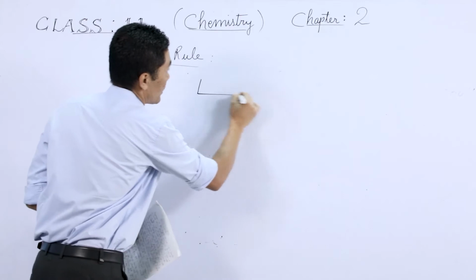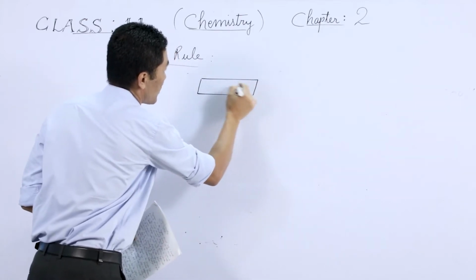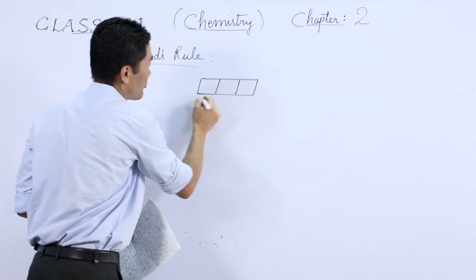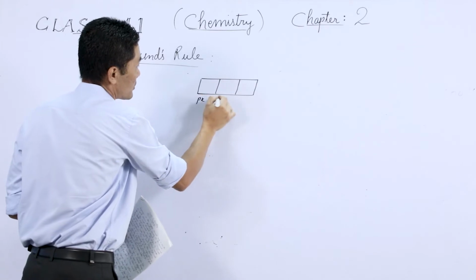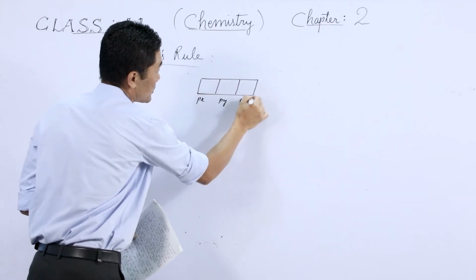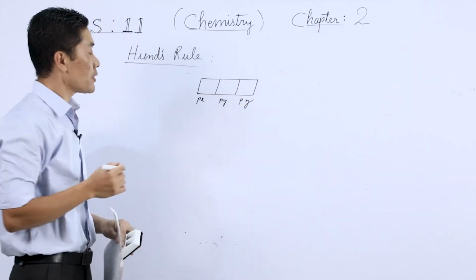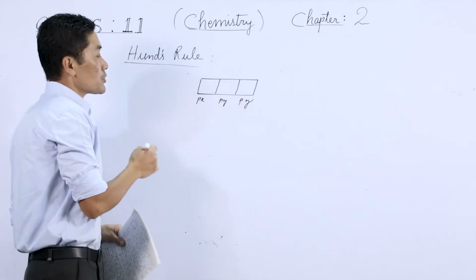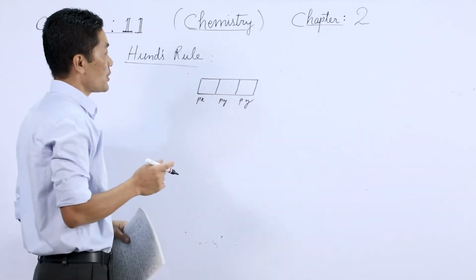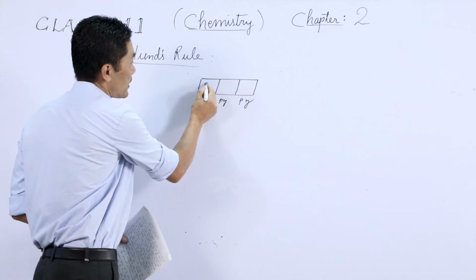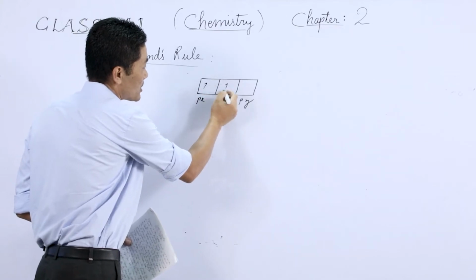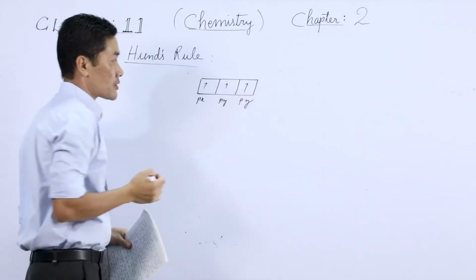Let us try to understand it by taking these p orbitals. We have px orbitals, py orbitals, and pz orbitals in the p subshell. Now, if there are 3 electrons, then electrons will be put singly like this first.